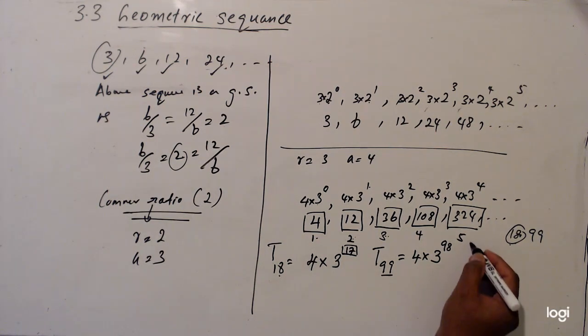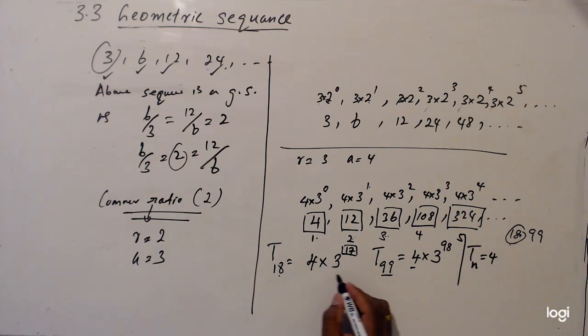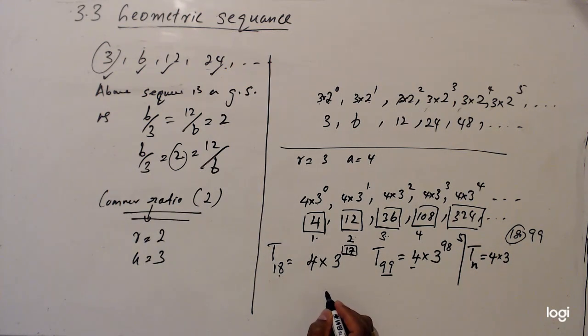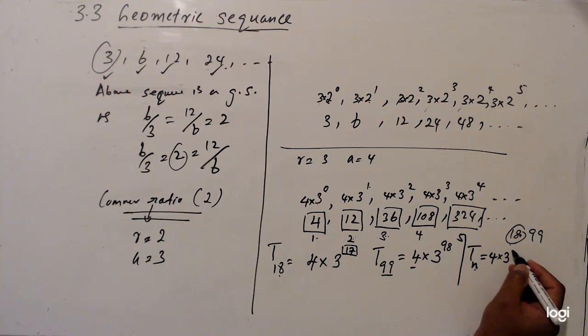So likewise we need nth term. So nth term we can write, we need 4 as it is, we need 3 the ratio, and then 1 less than this one, so n minus 1.